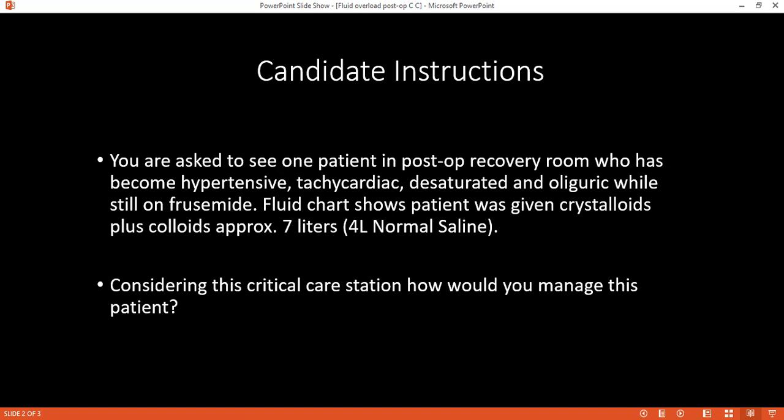Very good. Can you give me a few conditions in which a patient can become oliguric?